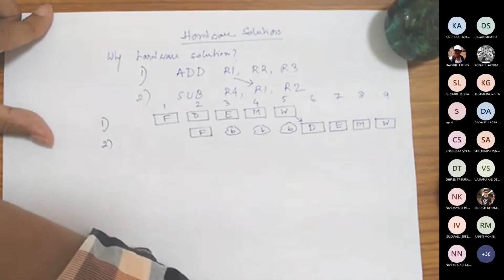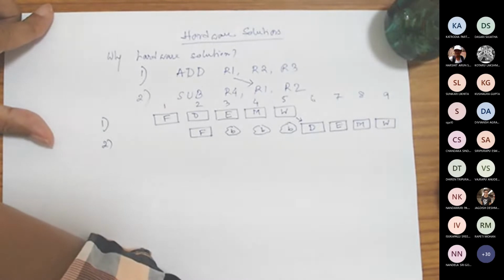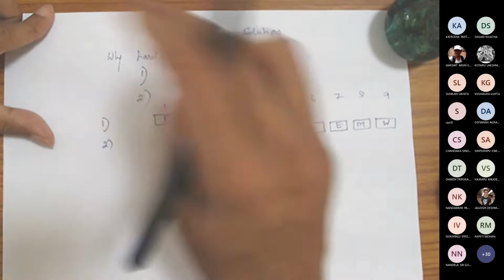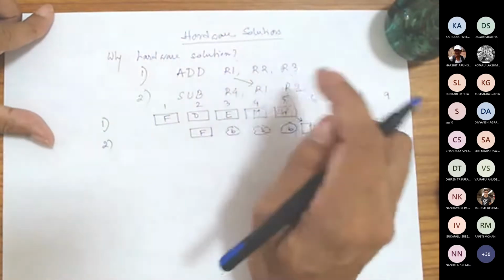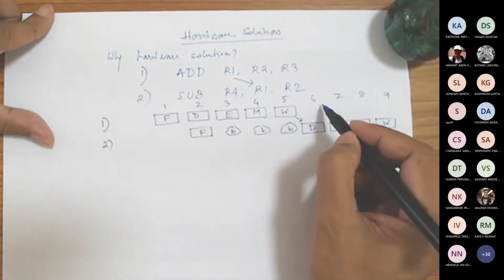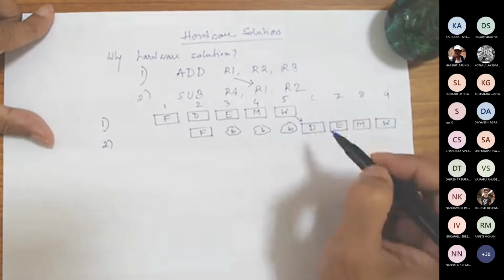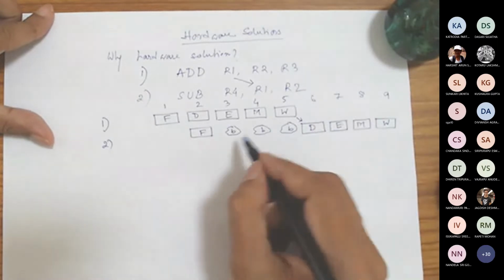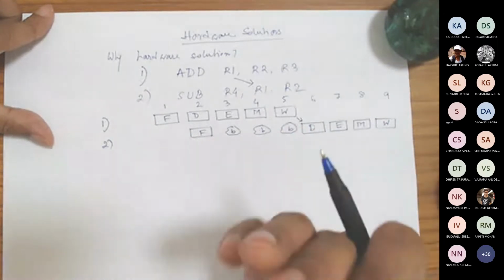We require 9 clock cycles to complete the execution. Two instructions are completed now. Ideally, it should complete in the 6th clock cycle. But because of these bubbles, the data is not available, so these are basically doing nothing.